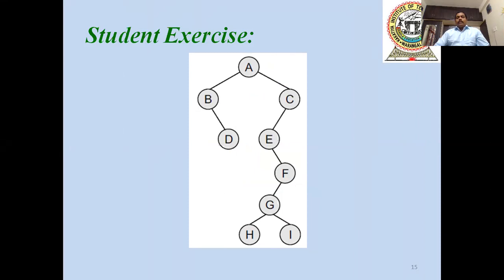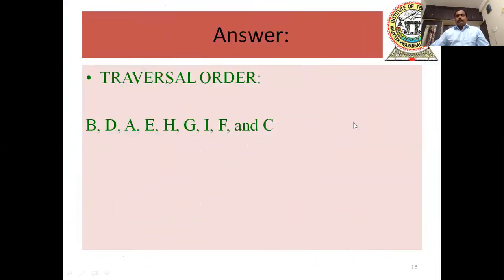I think it is the easiest one. I hope you have completed it, so check your answer. I hope you did it correctly. Now we will go to the next step.